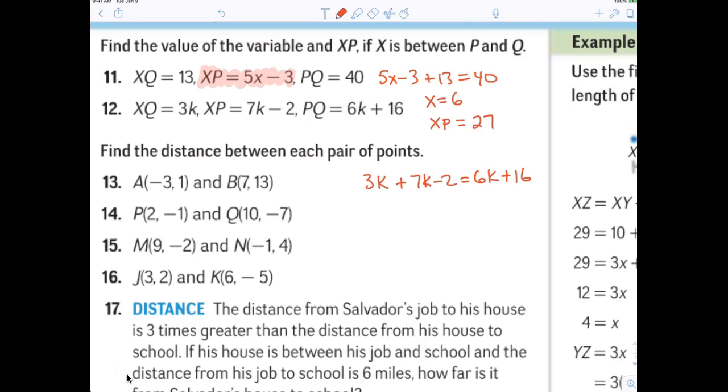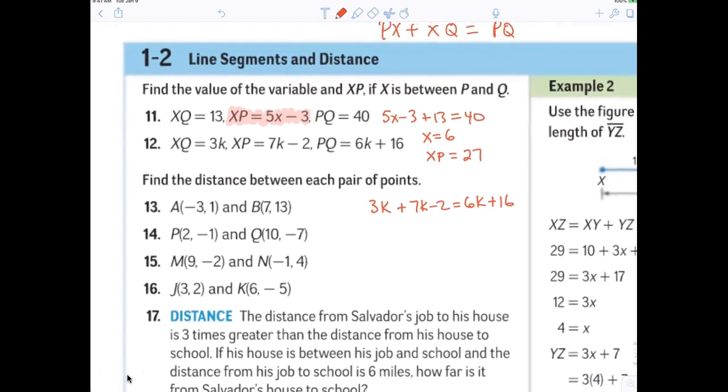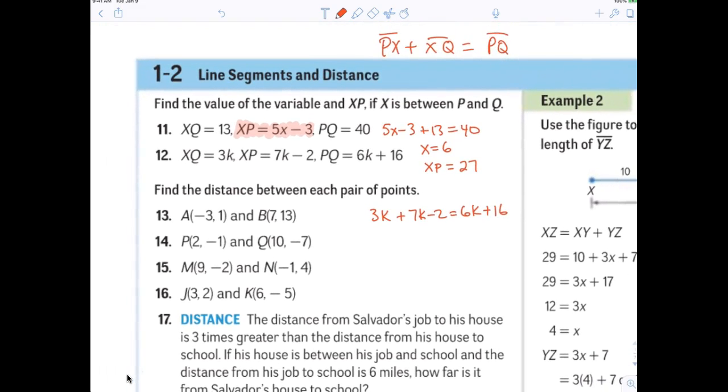Everybody agree with that? What are you doing to get that one? Do you understand the segment addition postulate?